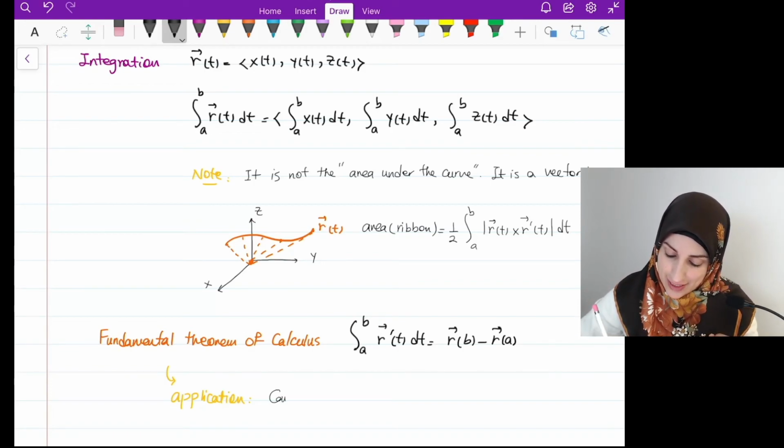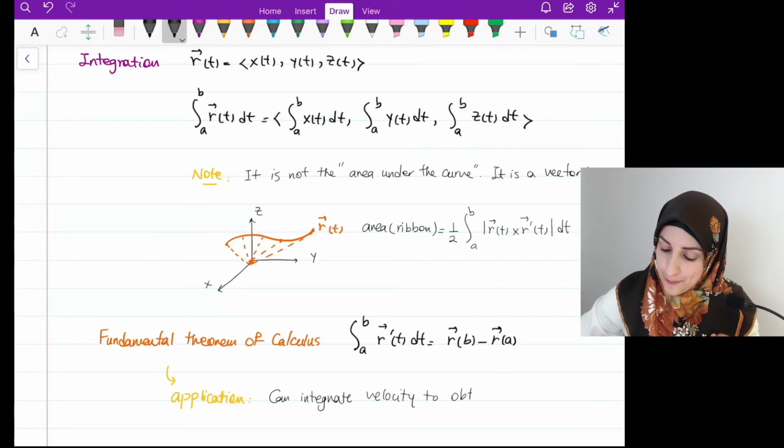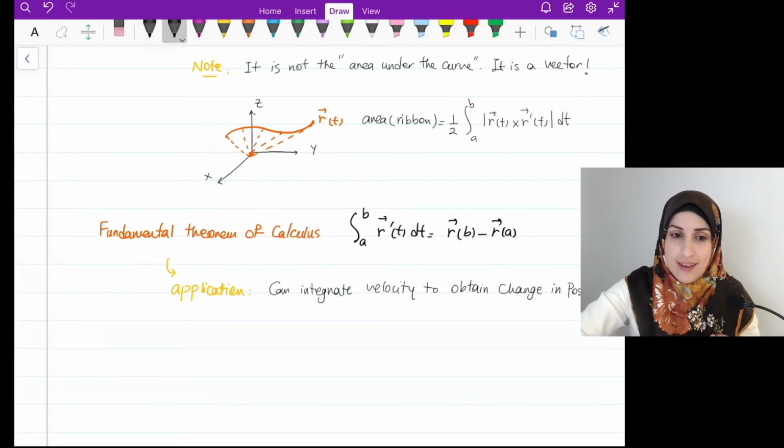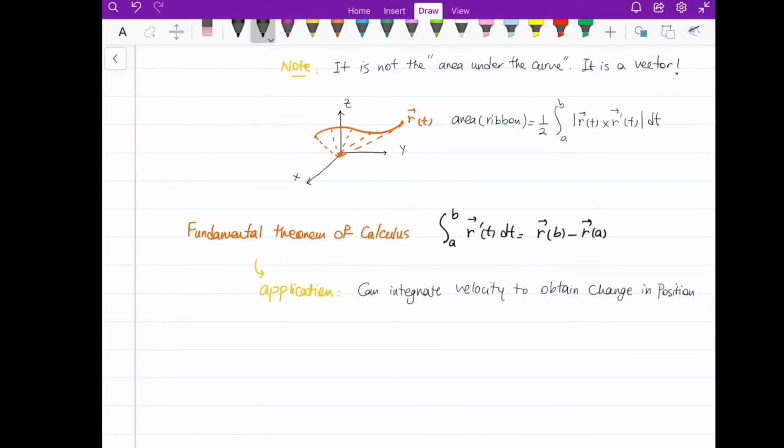We can integrate velocity to obtain change in position, and we can integrate acceleration to obtain change in velocity.